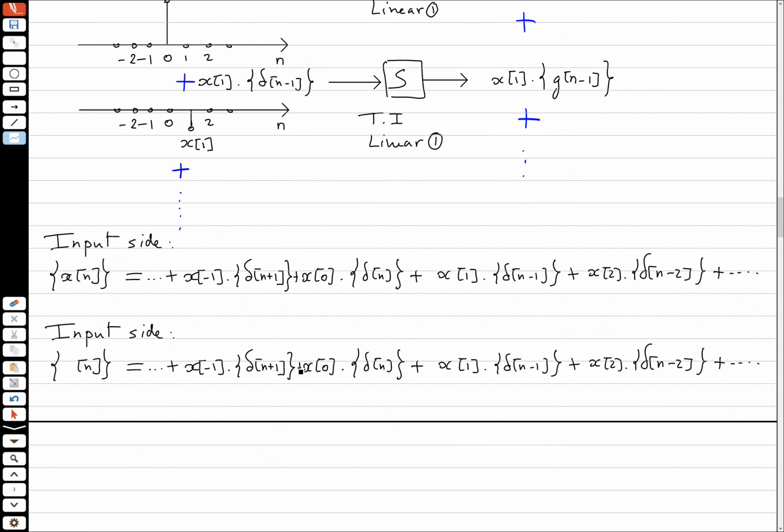We have a similar formula, except that delta is replaced by g. It's very easy to rewrite this. X becomes y when you replace delta by g. Very easy.